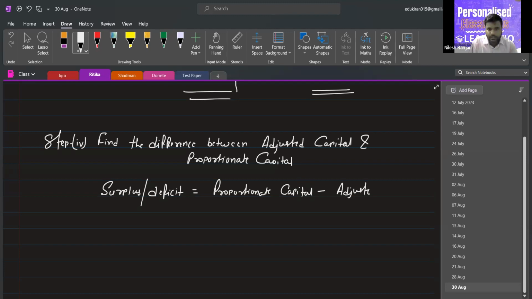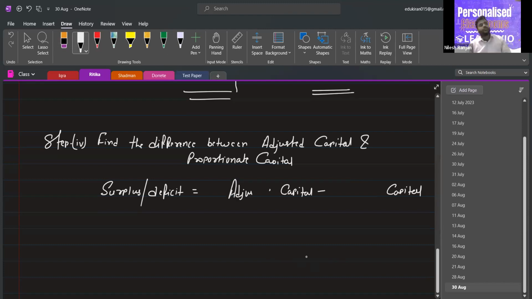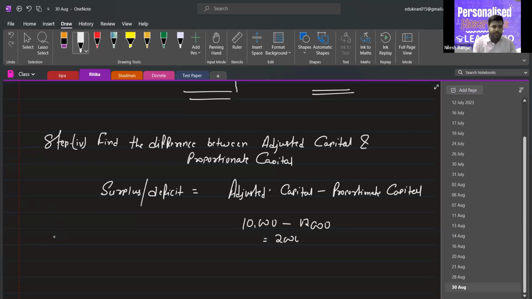Now, if his actual capital is 10,000 and his proportionate capital, meaning the capital should be, is 12,000, then there is a 2,000 deficit. Yes or no? So he will bring cash. So we will calculate surplus or deficit like this, and then we will pass the journal entry.